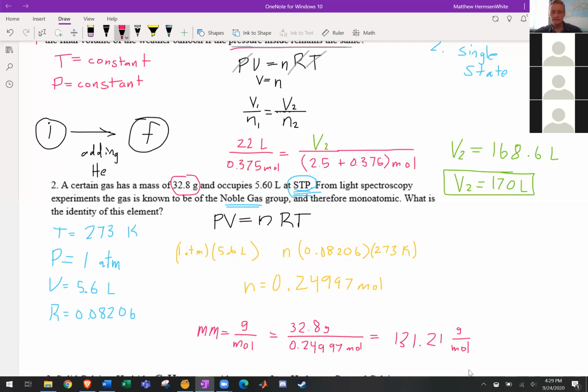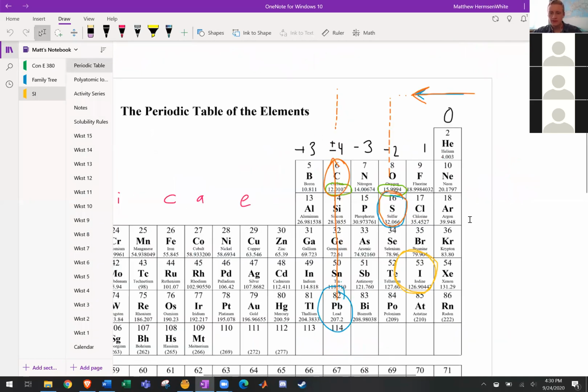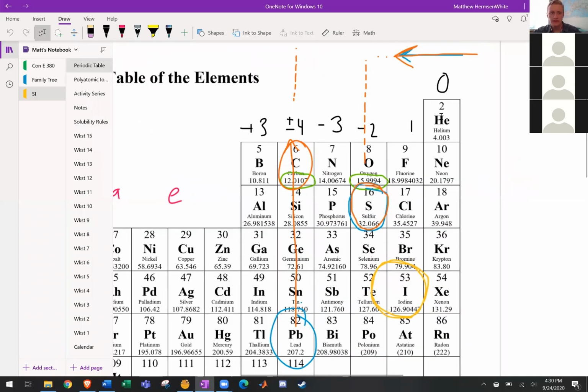So we have one piece of information here, which is molar mass. And then the other piece of information we were given was it's in the noble gas group. So let's look at the periodic table and see the noble gas group, and we're going to look for a molar mass of 131. So the noble gas is this last column on the periodic table, all the way to the right.